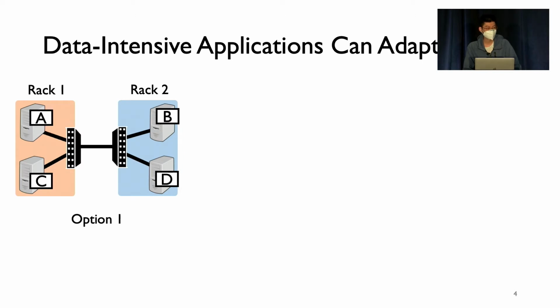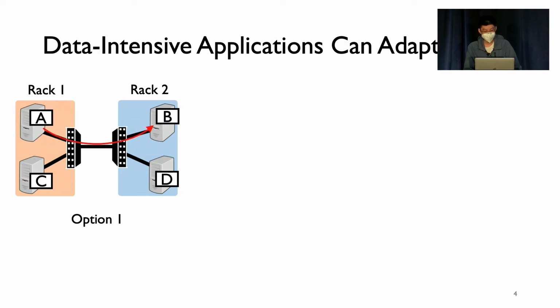Data-intensive applications today have the ability to adapt their traffic patterns. Taking broadcasting as an example, which is an important communication semantic in reinforcement learning and ensemble model serving. In such a simple dumbbell topology of 4 nodes, VM A wants to broadcast data to VM B, C, and D. For an application controller or scheduler, there are several possible ways to build a broadcast tree.